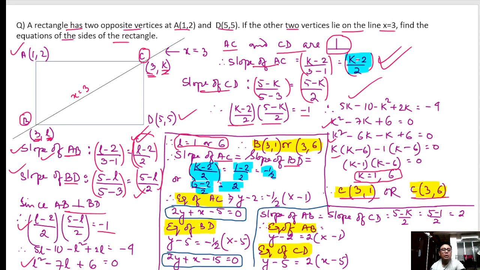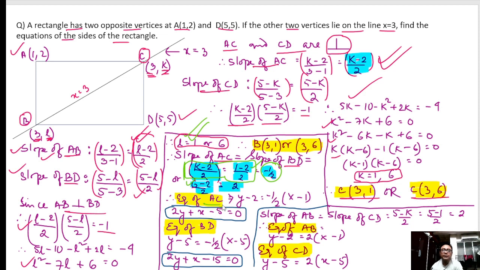The slope of AC is equal to the slope of BD. So putting the value of L, we already got the value of L as 1, putting this value. Okay, so we are getting this value and putting the value of K as 6.